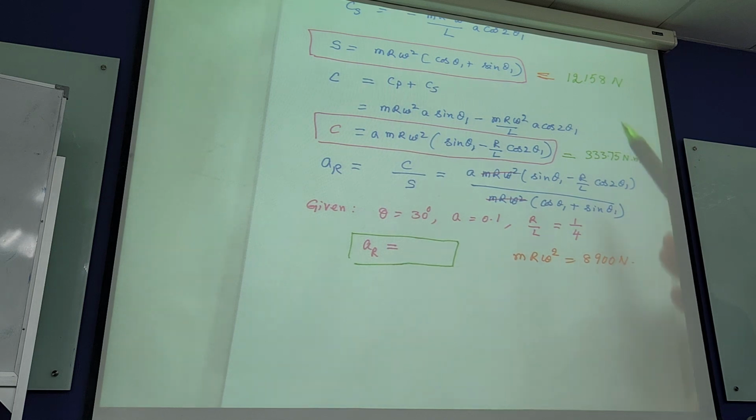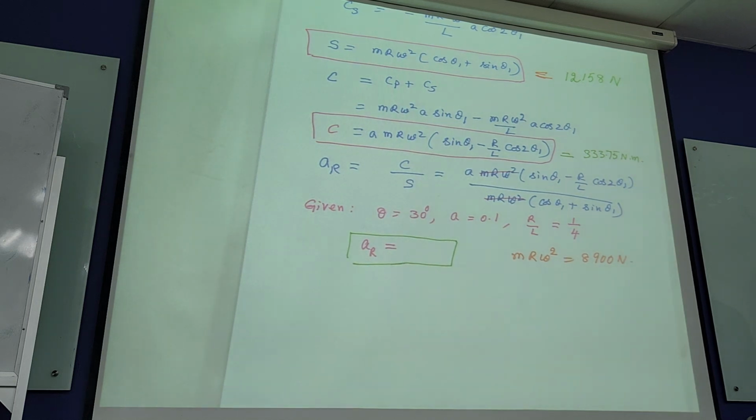You can just divide the two numbers. I think if you divide the two numbers, you will get about 27.5.